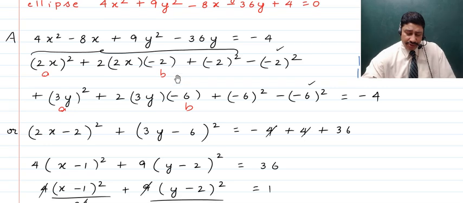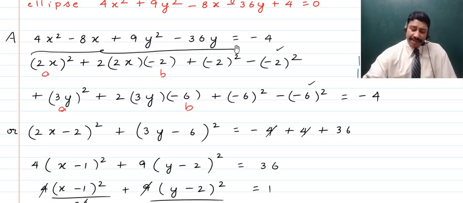So this term 4x square and 8x are of the same type if you're to make a perfect square. Similarly, 9y square and 36y with a minus sign are also terms which can be coupled up and can help to make a perfect square of y. Then the constant has been taken to the other side so that all the constants can accumulate.